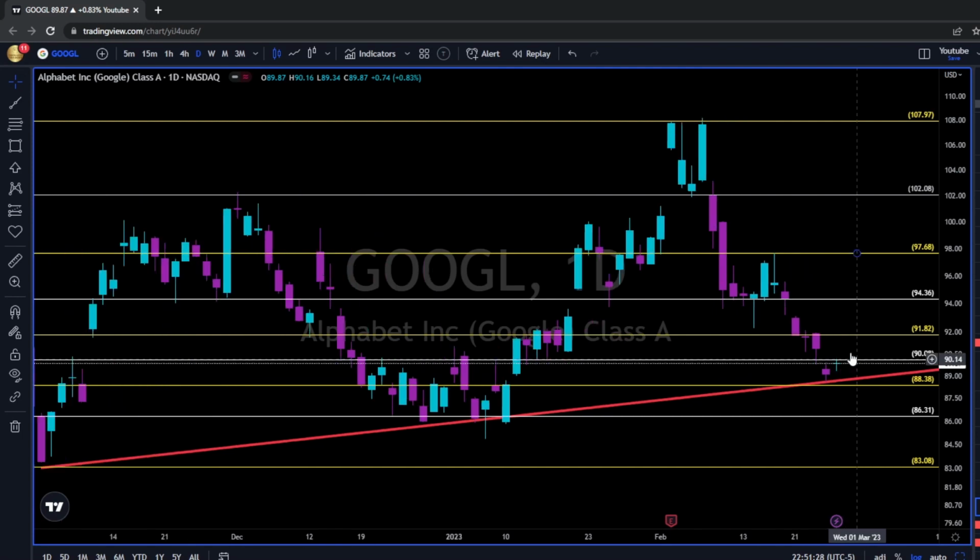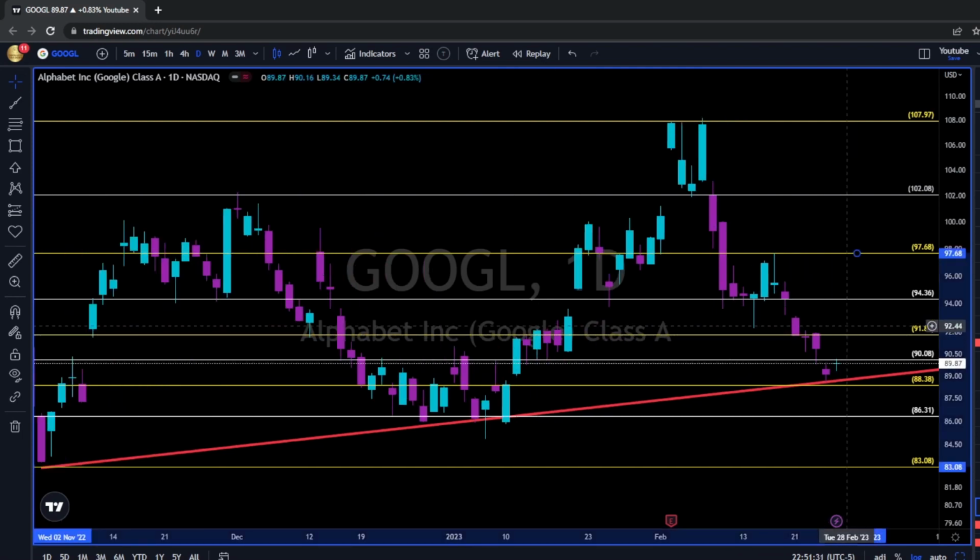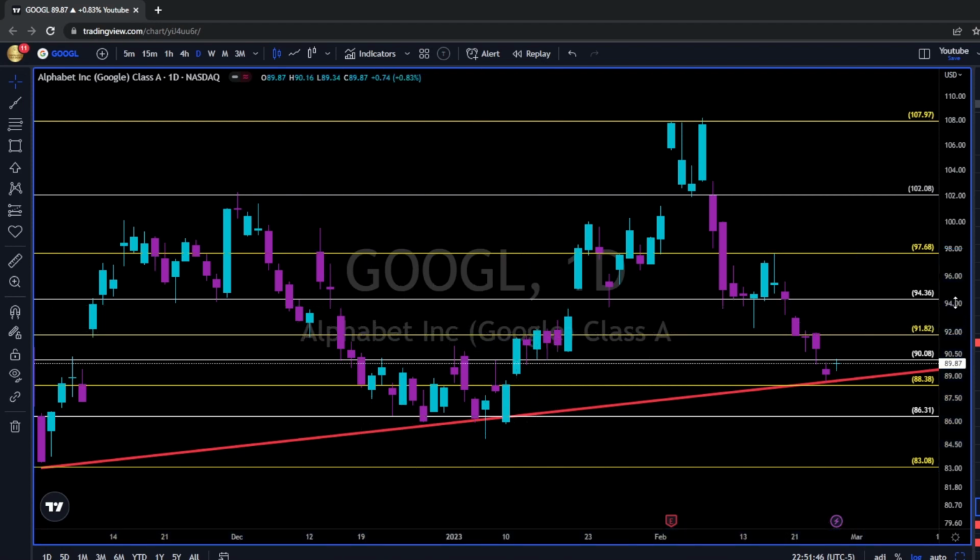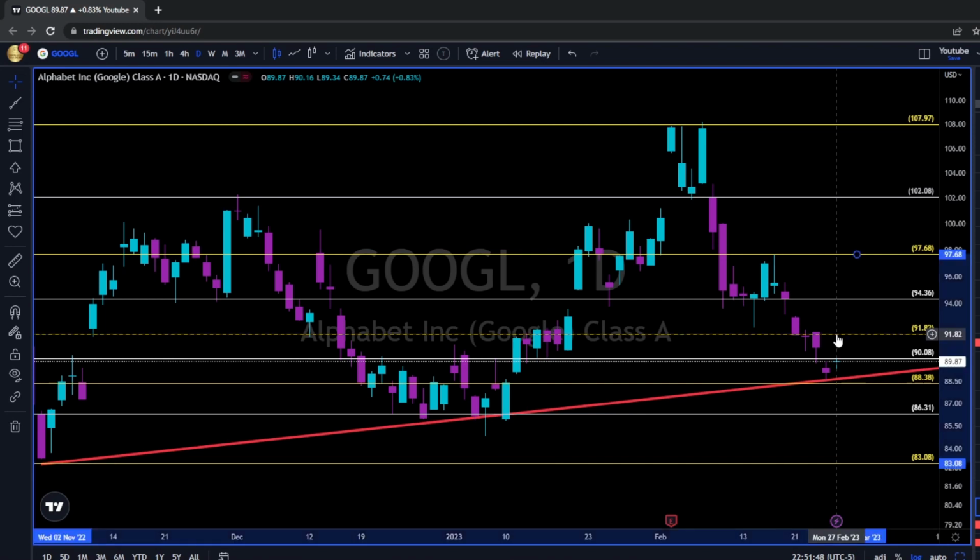For me, I would wait for a break up and above 92 area, because if we look left, this area, we had this gap over here, and since then it was a very important level of resistance. So for me, Google long above 92.